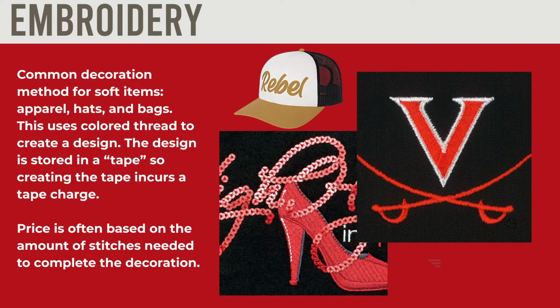So different than screen printing, you're not charged per color. Instead, you're actually charged per stitch count. And a lot of our decorators now have determined that there's kind of a baseline for the number of stitches that a logo is going to encompass. So you might see us say, this shirt, this jacket includes up to 7,500 stitches or up to 10,000 stitches.